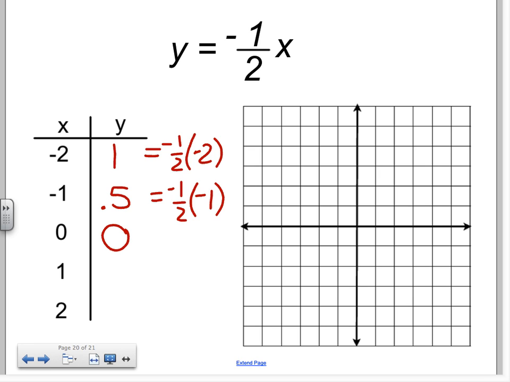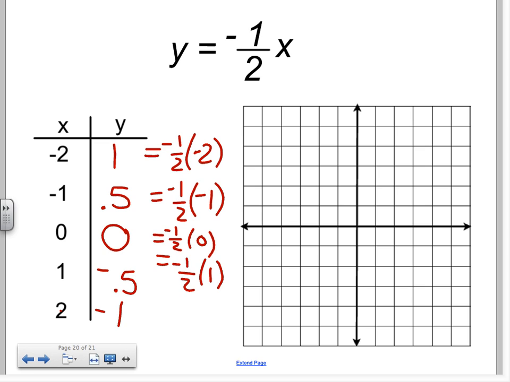What's 1 times, well, we can do this: -1/2 times 1. Negative times a positive is negative, and what's half of 1 again? And a negative times a positive, which is 2 times negative 1/2, stays negative, and what's half of 2? 1. Very good. Now we're going to graph this.